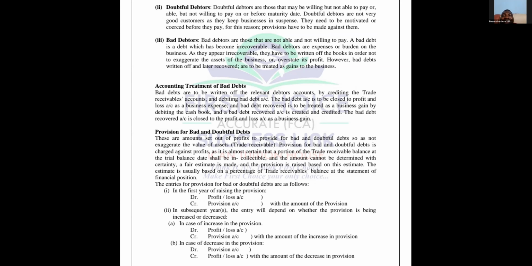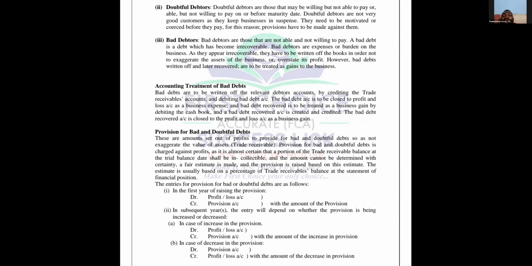If you put another bad debt account, or show it as a line item on the face of your FS, you will not be penalized. It depends on the way you want to do it. So you debit it, then you credit your provision for the first time.